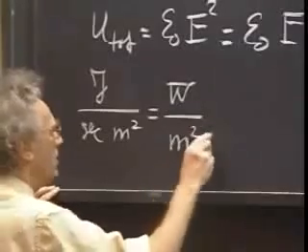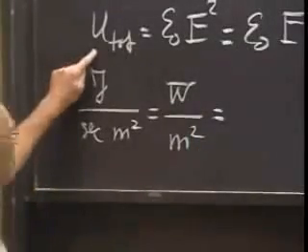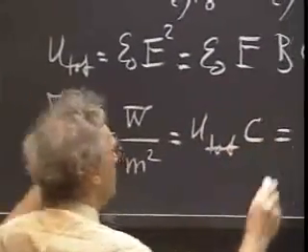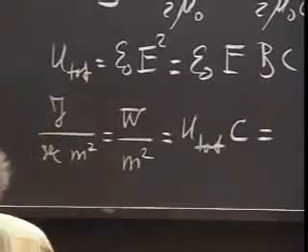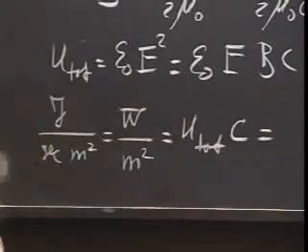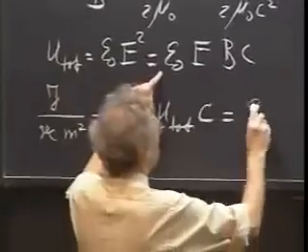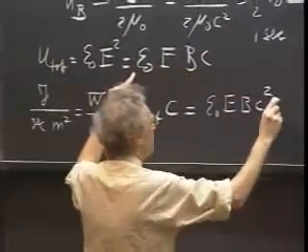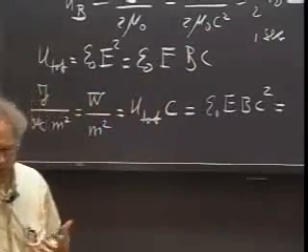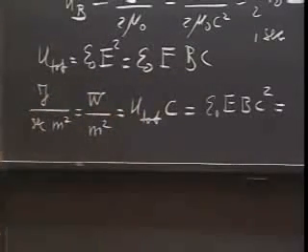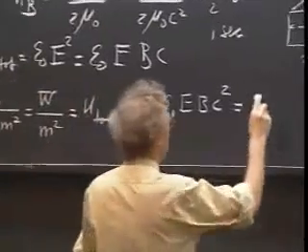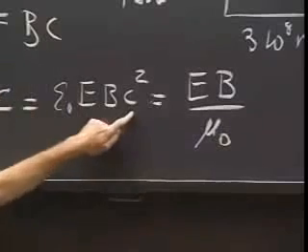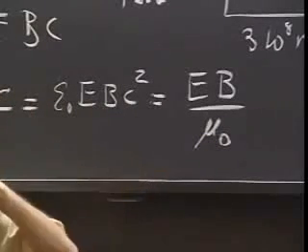which is also watts per square meter. And that now is, of course, the total energy density times c, the speed of light, for which you can write epsilon 0 times E times B times c squared, if you like that. But you can also write for that EB divided by mu 0, because c squared is 1 over epsilon 0 mu 0.